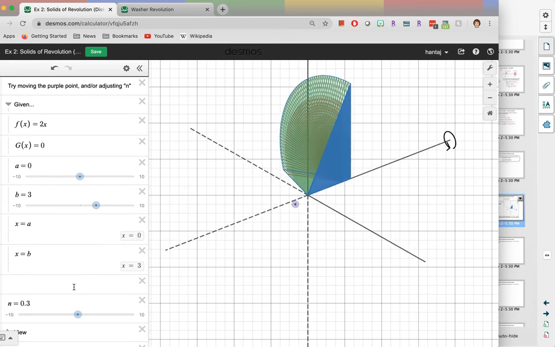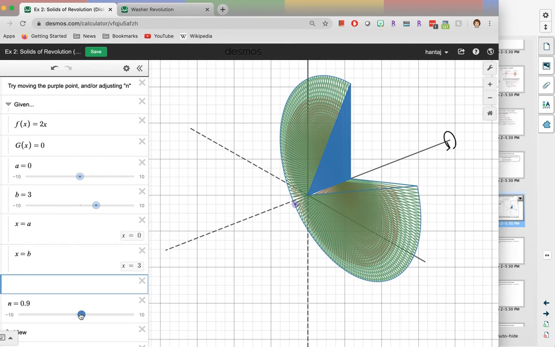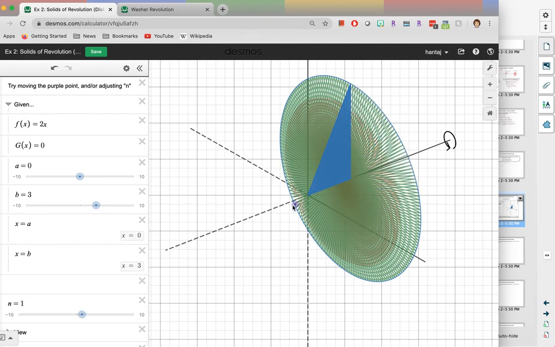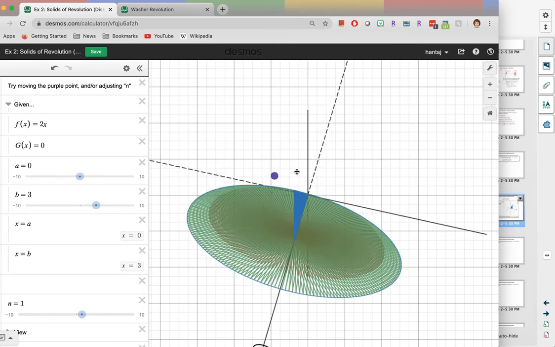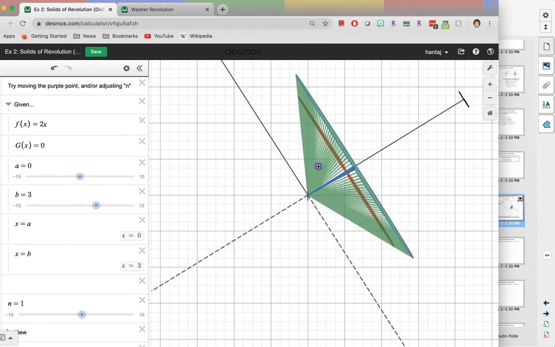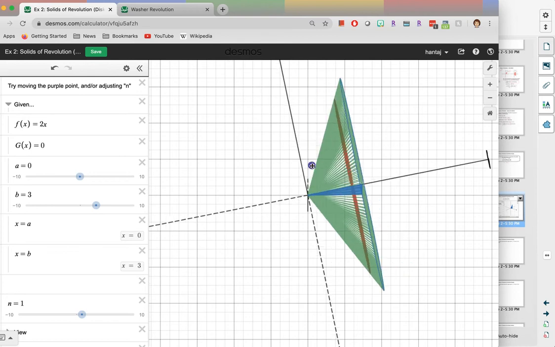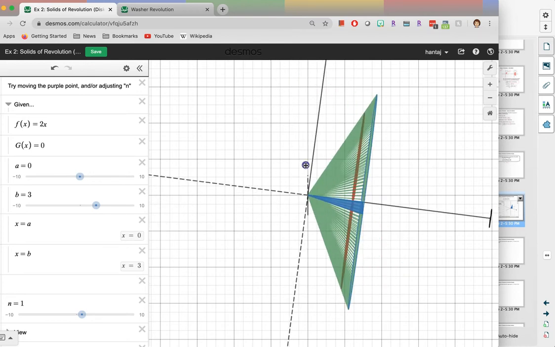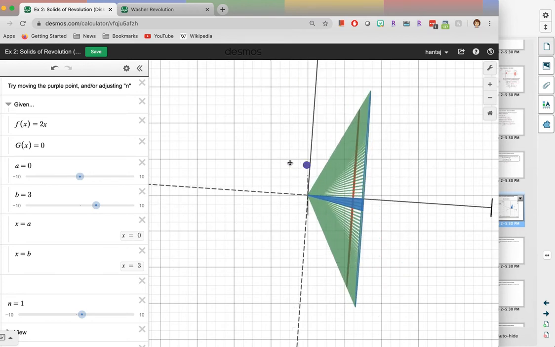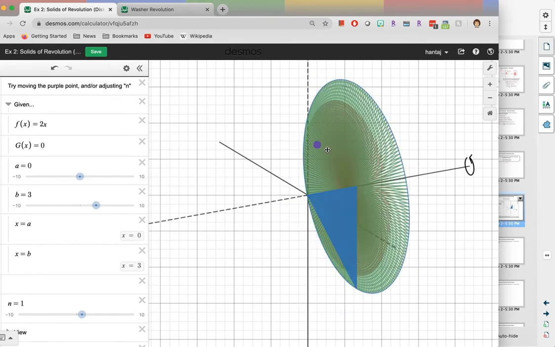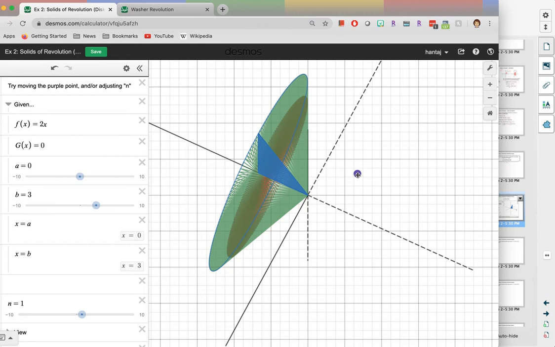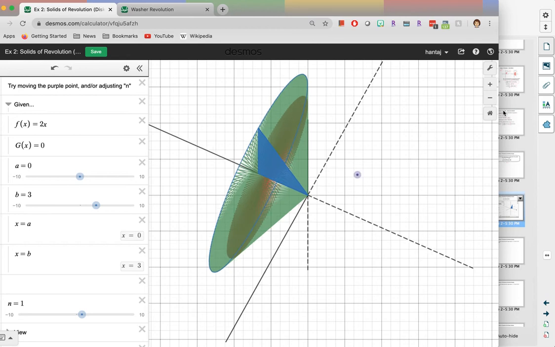We haven't created all of it. I'm just going to have to make n large enough so that we rotate once around there, and that's finishing it off. And so some perspectives of this will give you the idea that it's a cone. That perspective is a good indication that what that created was a cone.